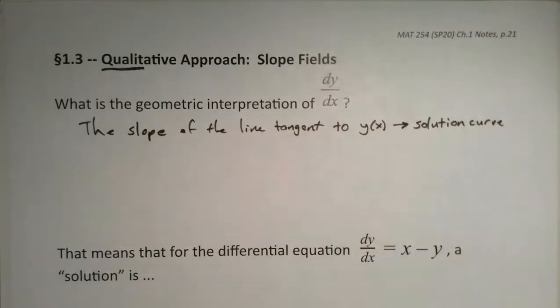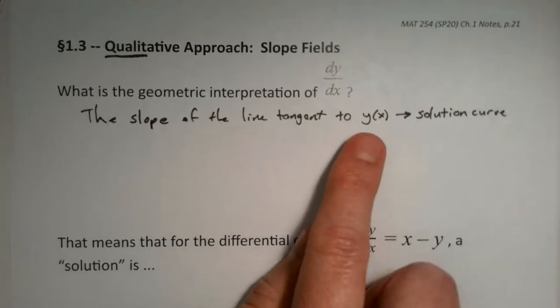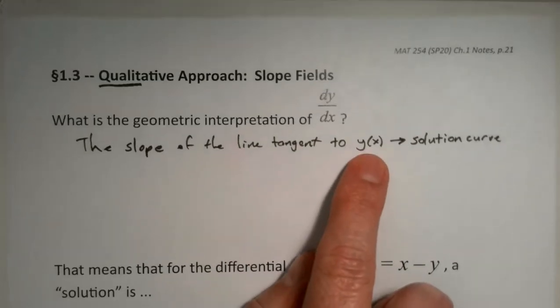So dy/dx, when it's written as an equation, gives us a way to interpret how fast or how rapidly the solution curve is changing on the xy plane. This is a way of making sense of the slope in a geometric sense.